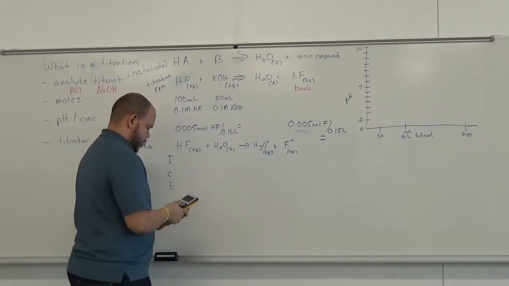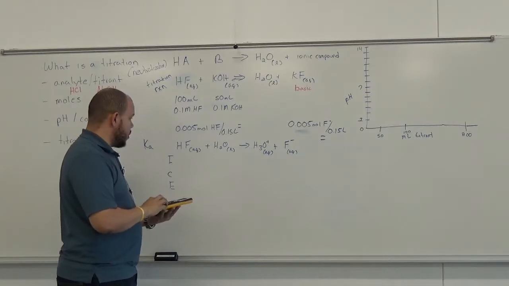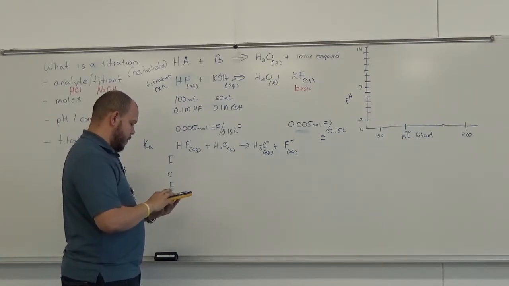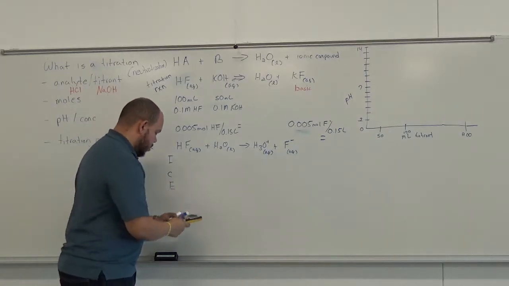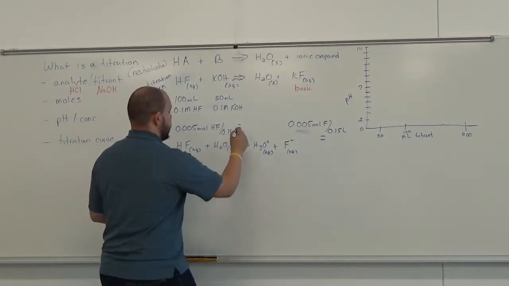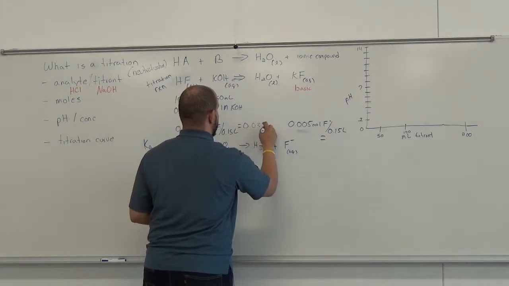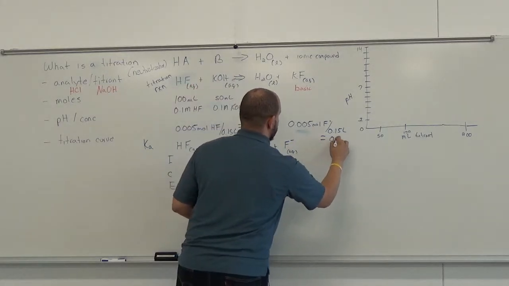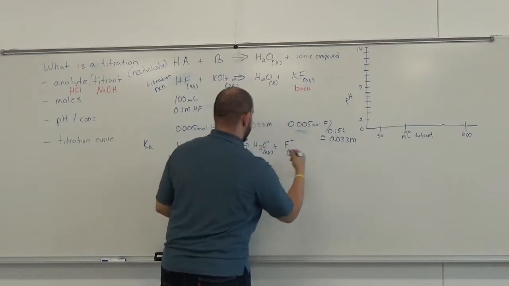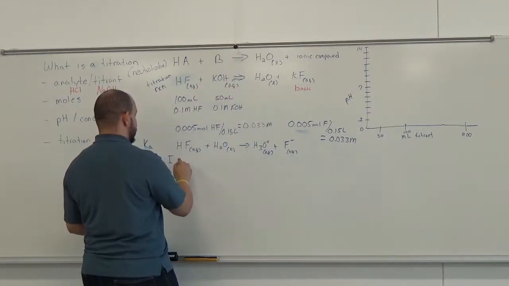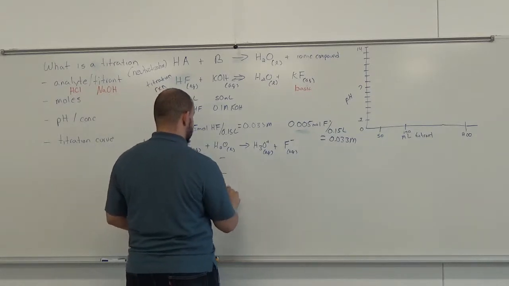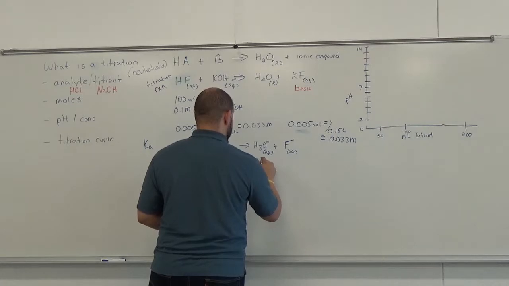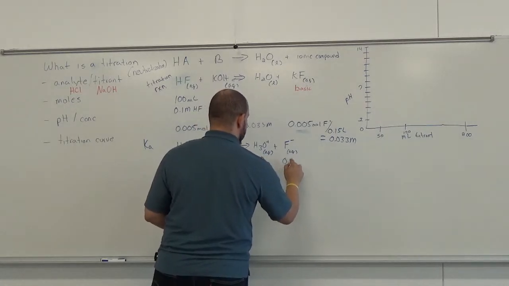That gives us molar concentrations of each of these: 0.005 divided by 0.15 and 0.005 divided by 0.15. So we have 0.033 molar of each of these. That is our initial concentration, because that is what is left over. Remember, water is unnecessary. We're going to assume this is the start of the reaction.